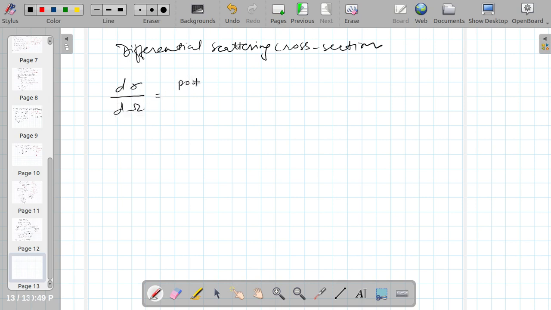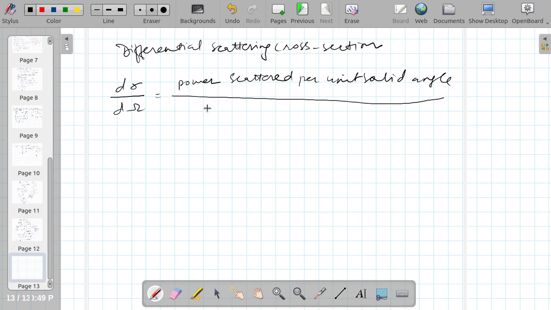It is power scattered per unit solid angle divided by power incident per unit area.